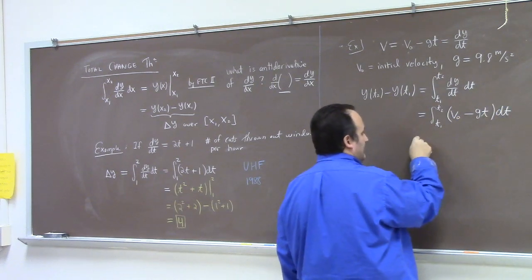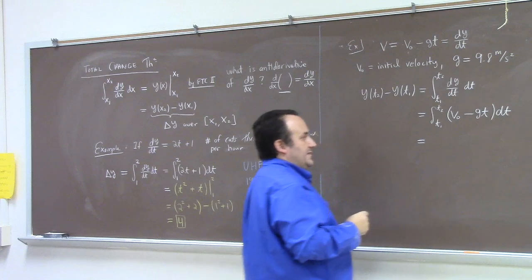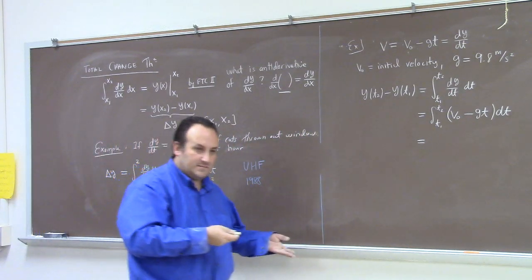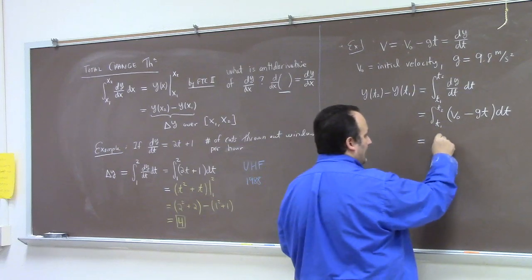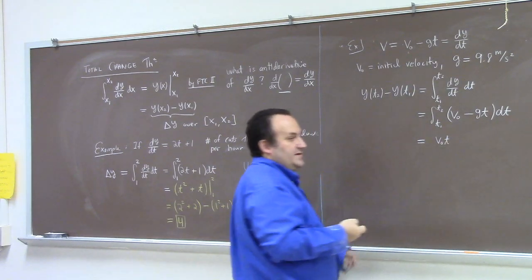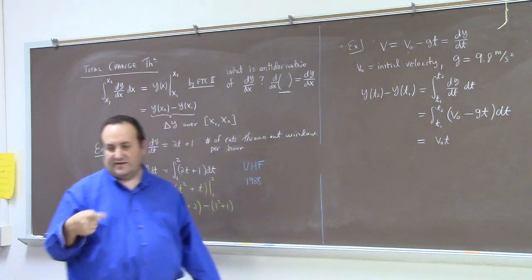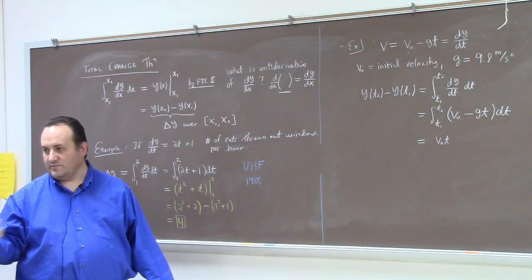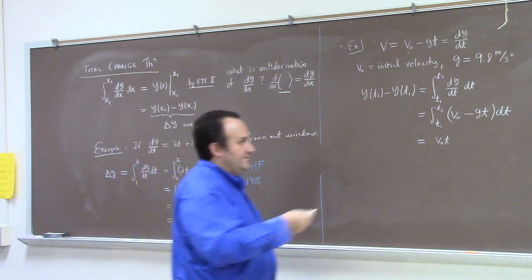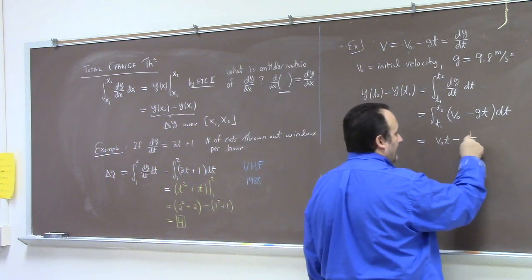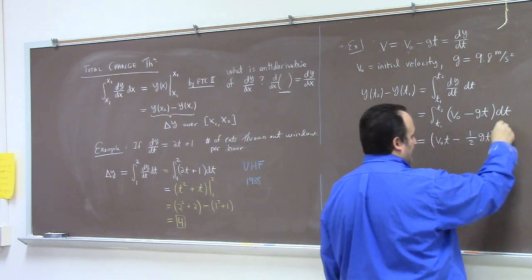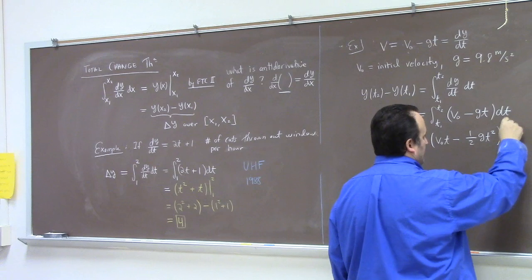What is the antiderivative of v naught? V naught's a constant, so the antiderivative of v naught is just v naught times t. What's the antiderivative of minus gt? You guys told me a second ago the antiderivative of t was t squared over 2. This time there's no 2 to cancel, so it's just minus 1/2 gt squared. And then FTC II says I take all that and I evaluate from time 1 to time 2.